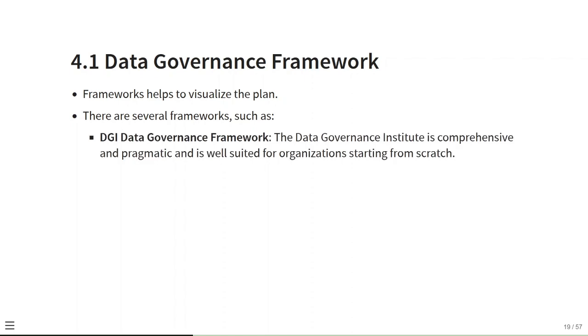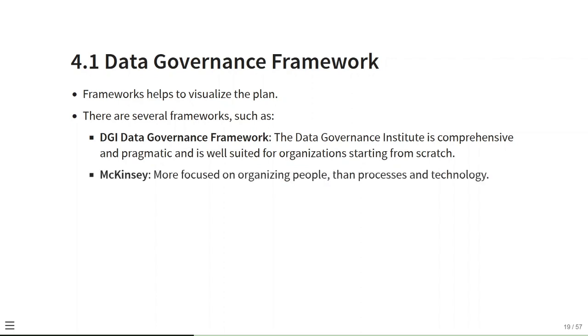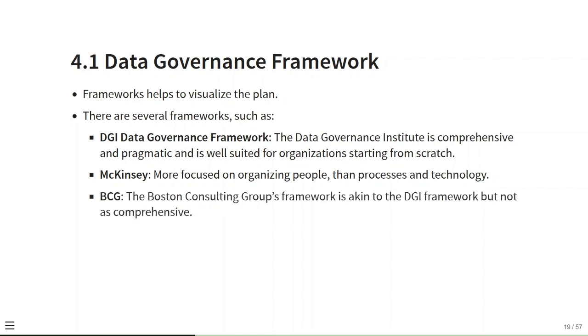And there are several frameworks in existence, such as the Data Governance Institute Governance Framework, which is comprehensive and pragmatic and is well suited for organizations starting from scratch. The McKinsey framework is more focused on organizing people than processes and technology.